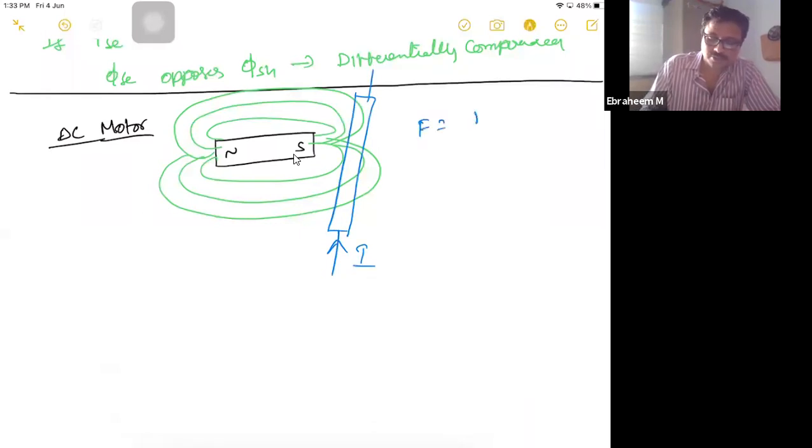So that force is equal to BIL sin theta. Okay, L is the length of the conductor, I is the current supplied to the conductor, B is the magnetic flux density of the field, sin theta is the angle between the direction of conductor and the flux.